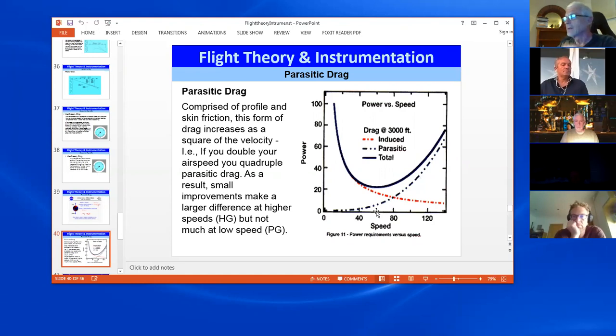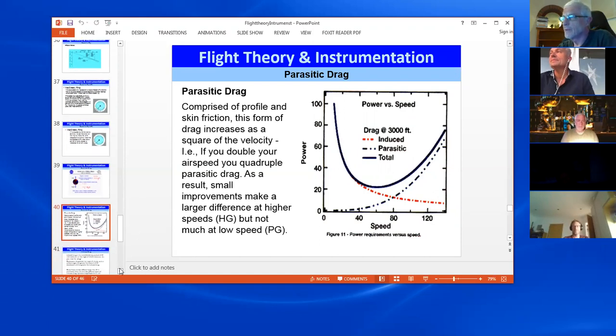Occasionally you might be traveling at 60 kilometers an hour, but it's not often. So parasitic drag is a factor, but not a huge factor. If you go out in a nice streamlined top compared to a slightly baggy one, it probably isn't going to make that much difference to your performance on a paraglider. There are enough other things doing that already. There will be some difference, but not a huge amount.